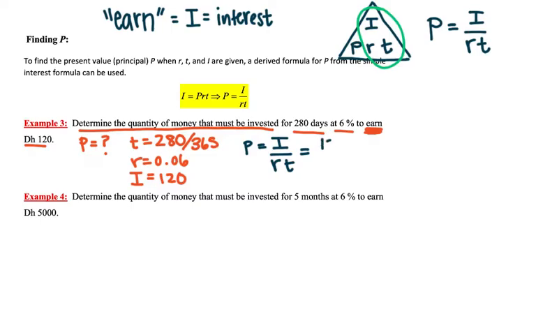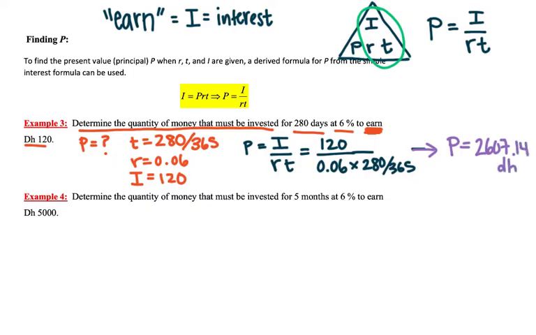The I is 120. The R is 0.06. The time is 280 days over 365. And we will get that the principal, the starting amount invested was 2607.14 if I round to 2 decimal places, and this is dirhams.